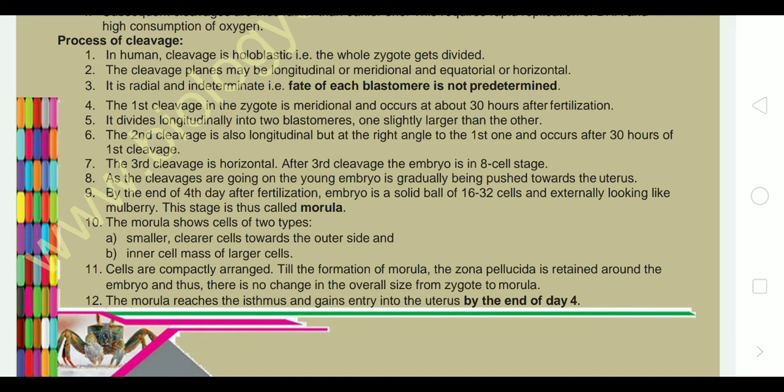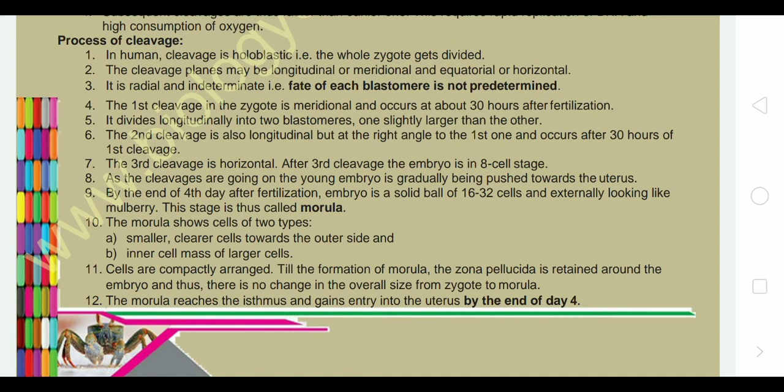It is radial and indeterminate, that means the fate of each blastomere is not predetermined. Radial means at any side or any direction, and indeterminate means the cells are not equal.